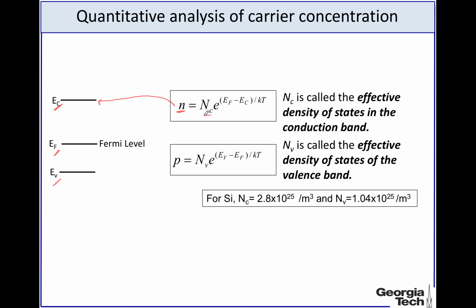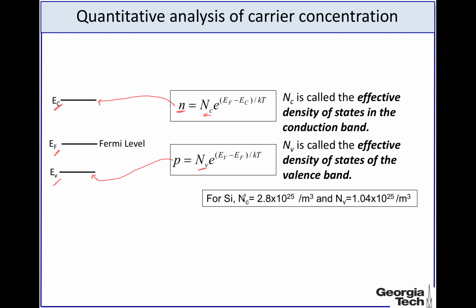Here this quantity Nc is called the effective density of states in the conduction band. Similarly, the density of holes in the valence band is given by Nv multiplied by e to the power (EV minus EF) divided by kT, where Nv is the effective density of states in the valence band.